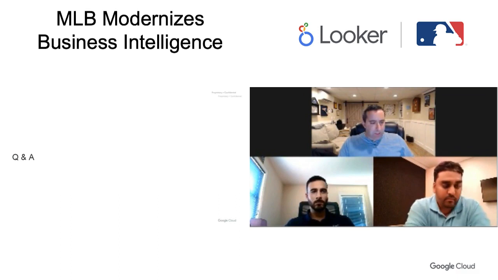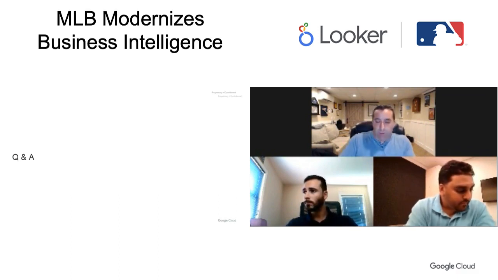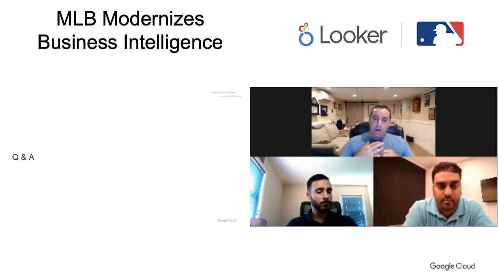There's a couple questions around, I guess maybe sort of future, where you guys are going from here. One is just around machine learning and kind of what you're doing or thinking about in terms of machine learning. Along those lines, tracking the sort of fan experience in the ballpark.